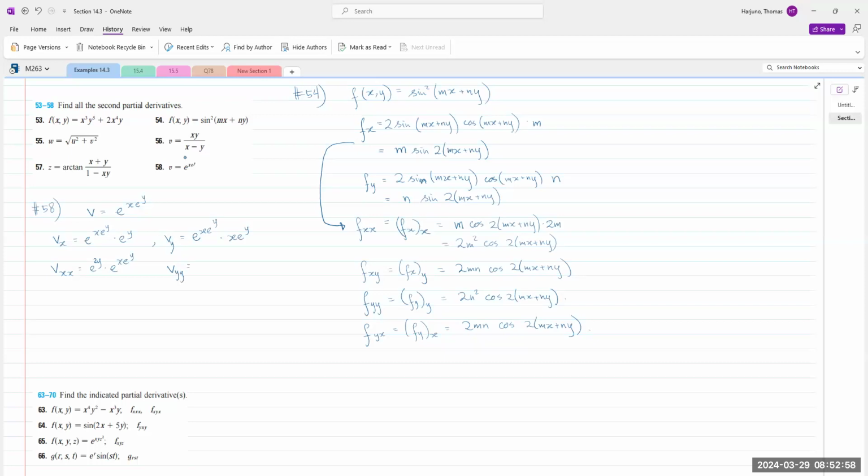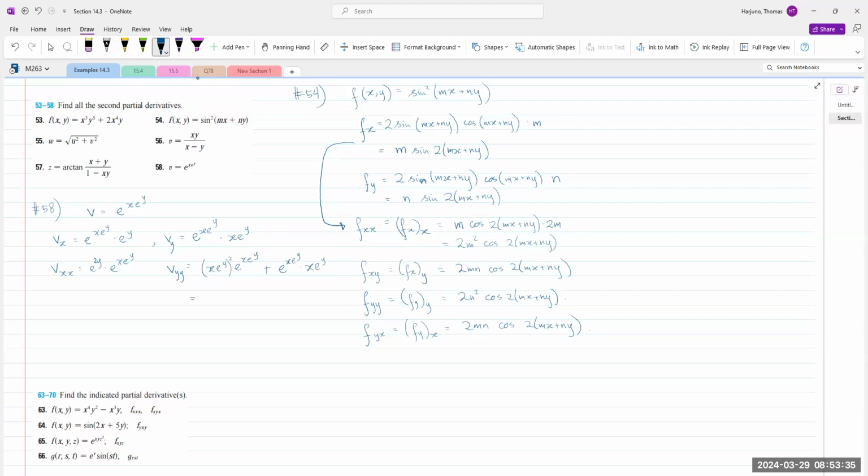It will be x e to the y squared times e to the x e to the y. I do the derivative of this times this, that's what I get, plus this guy times the derivative of this with respect to y, which will be e to the x e to the y times the derivative of this with respect to y, which will be itself.